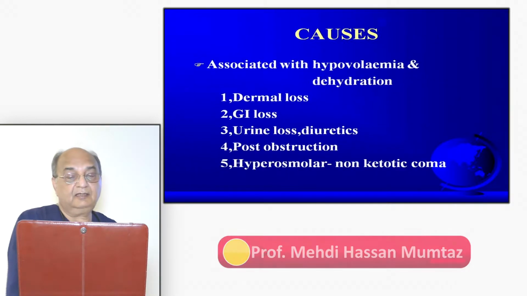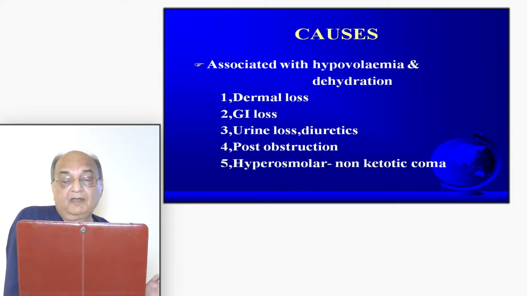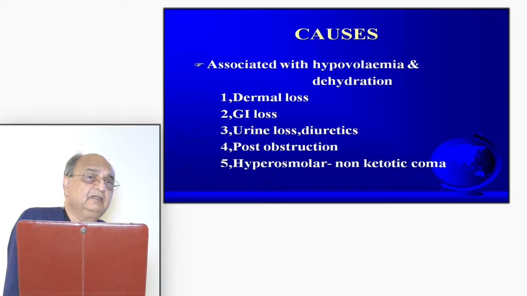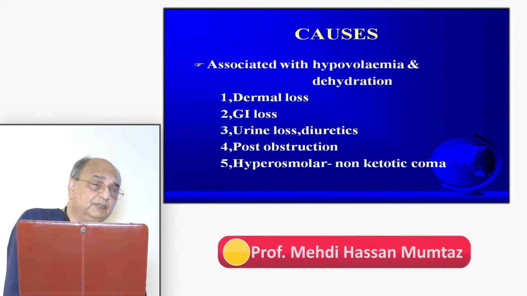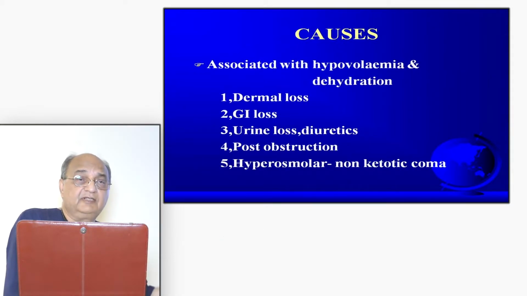As far as those associated with hypovolemia and dehydration, the basic principle is that all the secretions in the body have a sodium level less than that of plasma. It doesn't matter how much fluid you lose from any route, whether gastrointestinal secretions, dermal loss or respiration, they have a sodium level less than that of plasma.